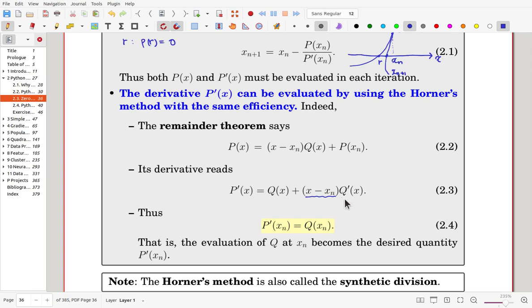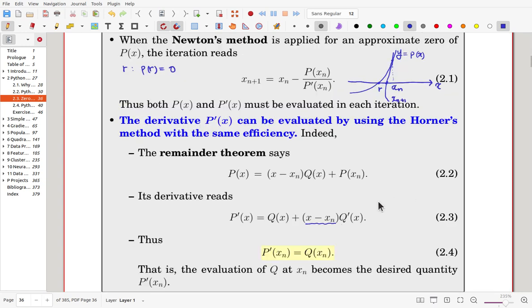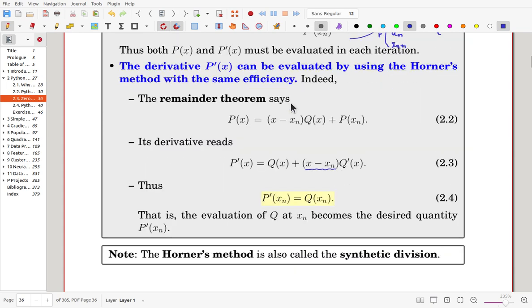So we have to evaluate the values at xn for p and for the quotient. Then you can form this ratio and update the point. This can be implemented very efficiently along with the Horner method, which in high school is called synthetic division.